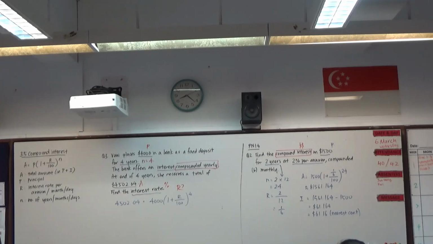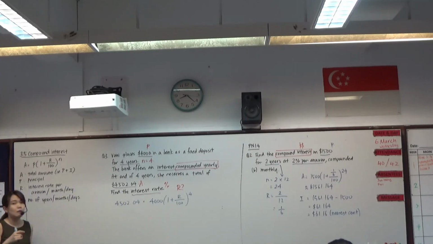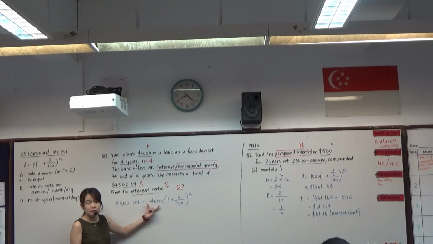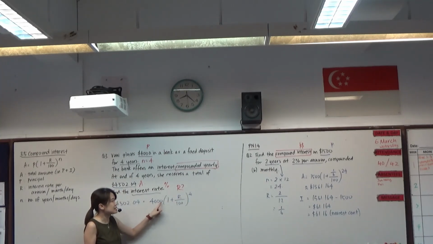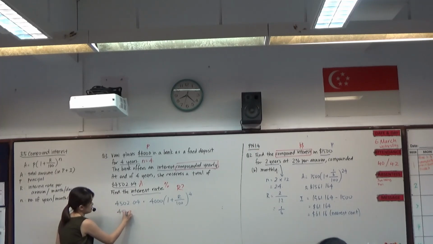So how can we then find the value of R? This depends on our algebraic manipulation skills. We need to first divide by 4,000 because the 4,000 is not subjected to the power of 4. We need to be clear about that. So 4,000 times this entire thing, we divide 4,000 over first.